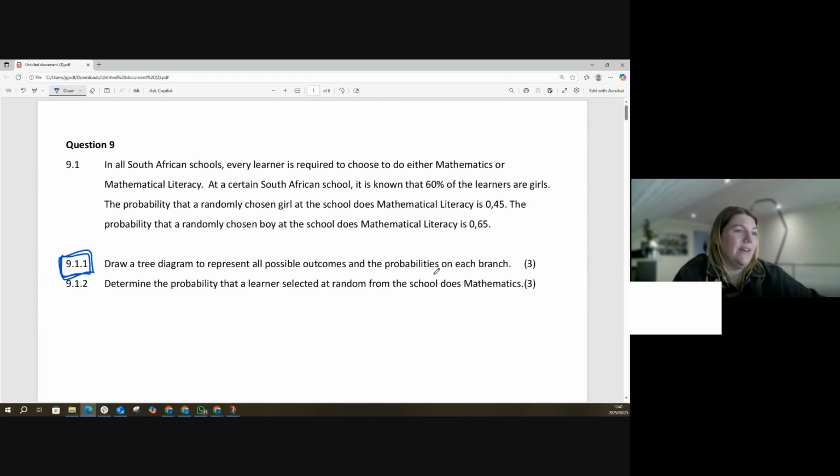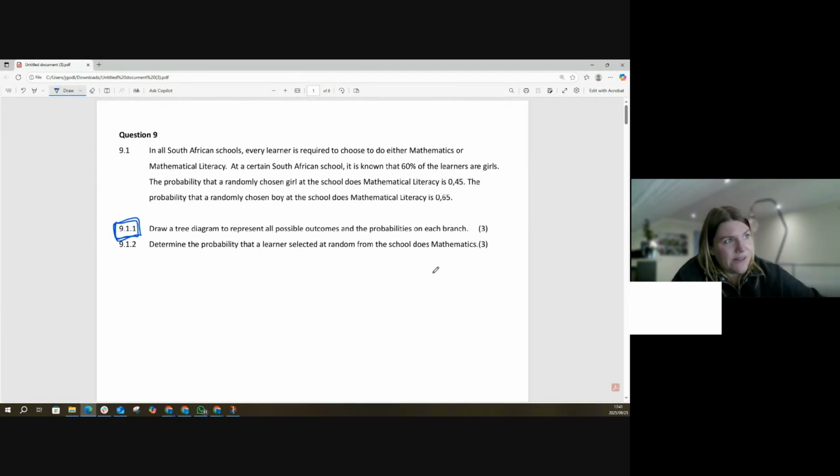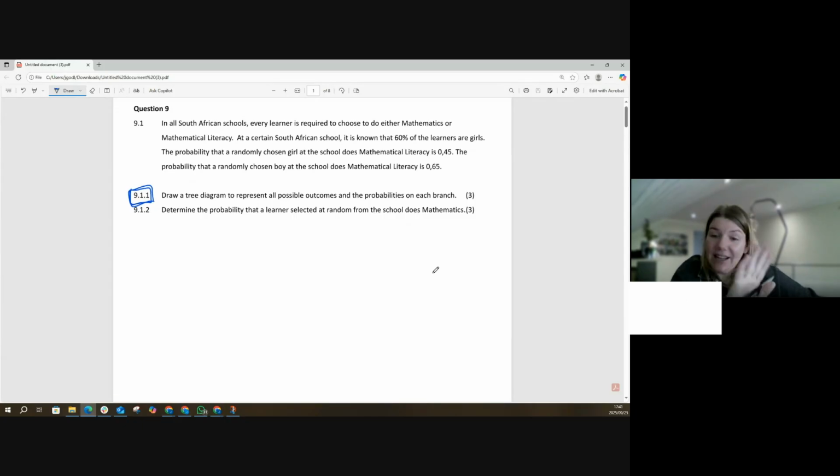Okay. So the first part of this question is just about trying to get that information into a tree diagram, and then we can start playing with the numbers. So when we're looking at this, it's telling us that people are either going to do maths or maths literacy, and then we have girls and we have boys. So you've got two different options for how you could have drawn this tree diagram.